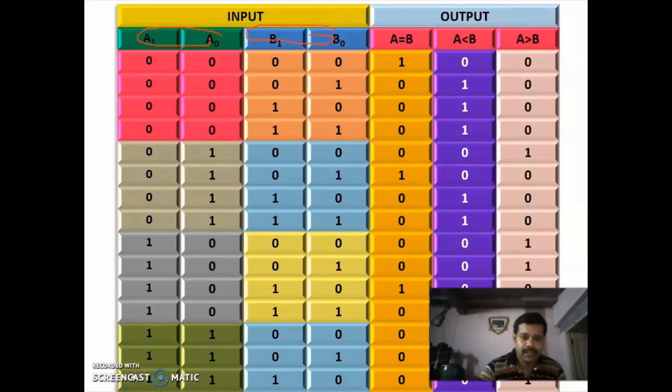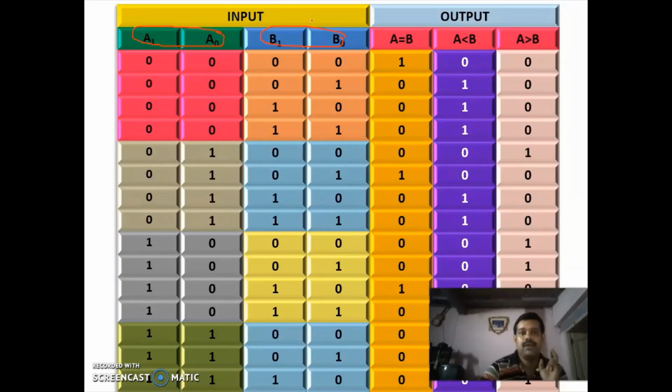First, this A0 A1 is A and B0 B1 is B. So you are going to compare the 2-bit number A with the 2-bit number B. I already told you that if you are having 2 bits, then you will have 4 combinations.